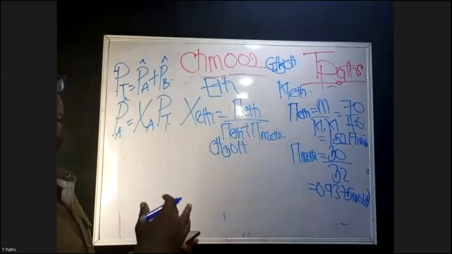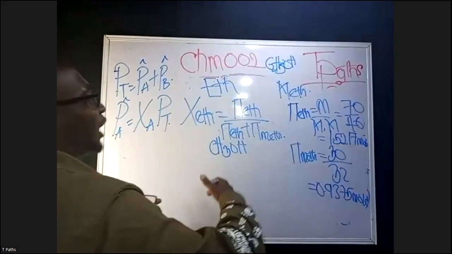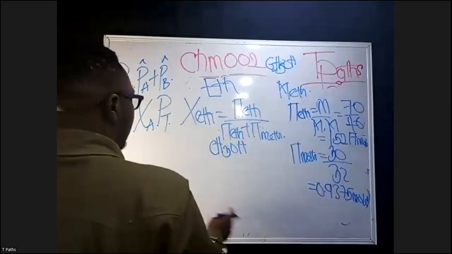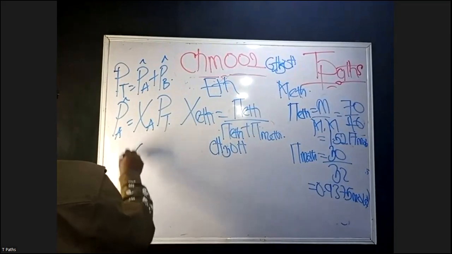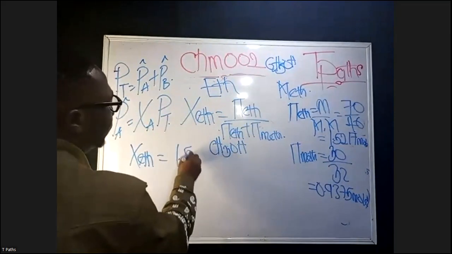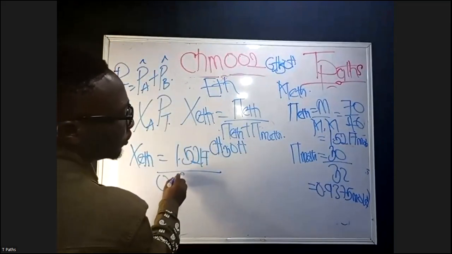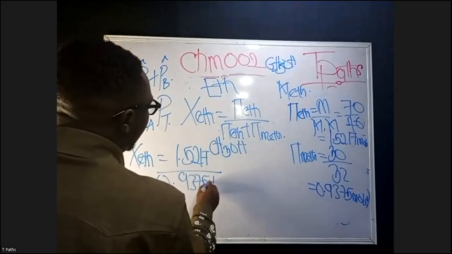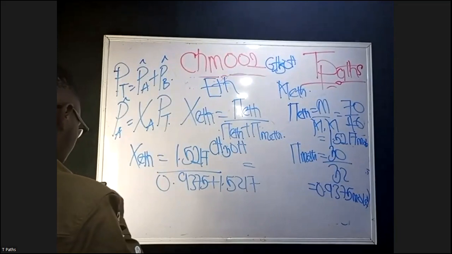Now with these numbers of moles, you can find the mole fraction. I want to do half, and I want you guys to do the remaining yourselves. I will do ethanol, and I want you to do methanol. X of ethanol, the number of moles of ethanol, is 1.5217 divided by 0.9375 plus 1.5217.